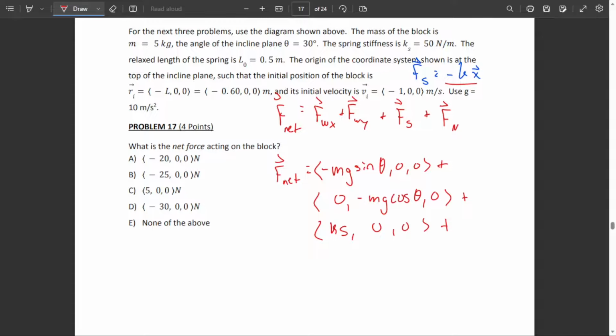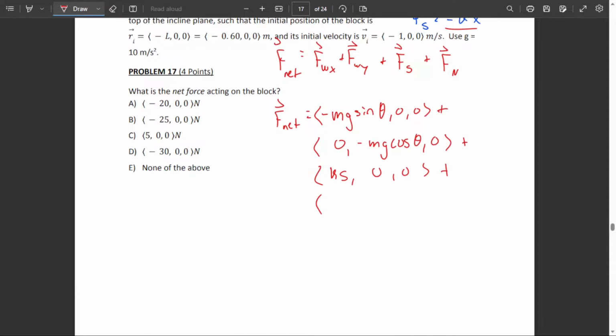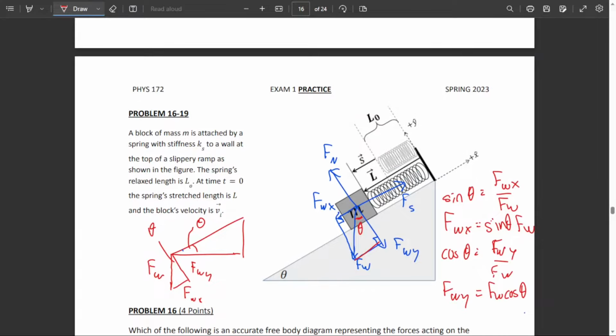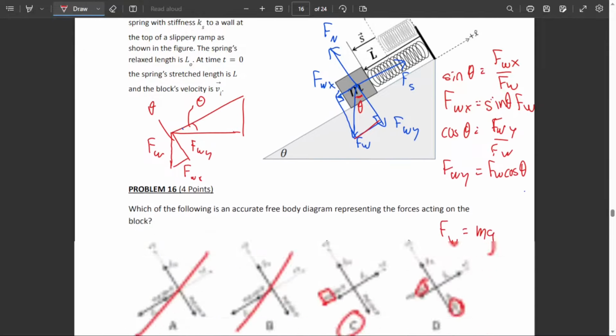Then the last force, normal force. We can't actually do anything besides just write the normal force. The normal force is dependent on all the other forces. In this case, because we know that the block of mass must stay on the ramp, we know all the forces in the y direction have to cancel out, and so the normal force would be scaled so that all the forces in the y direction cancel out.